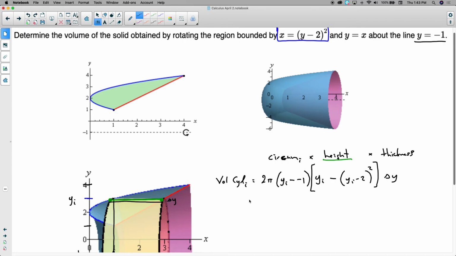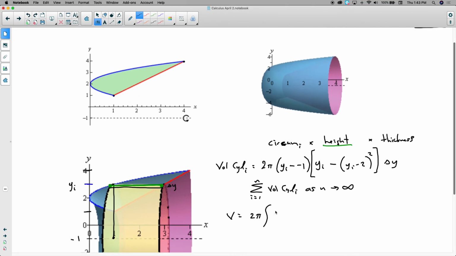Okay, so then we're almost to our integral. We just want to remind you always that we're going to add together n many of those cylinder volumes as n moves to infinity, and that is what creates the integral. Plucking out the constant, and it looks like I have left behind y plus 1 times the quantity. Oh, let's see, how much algebra am I going to do here? I'll do a little bit of algebra.